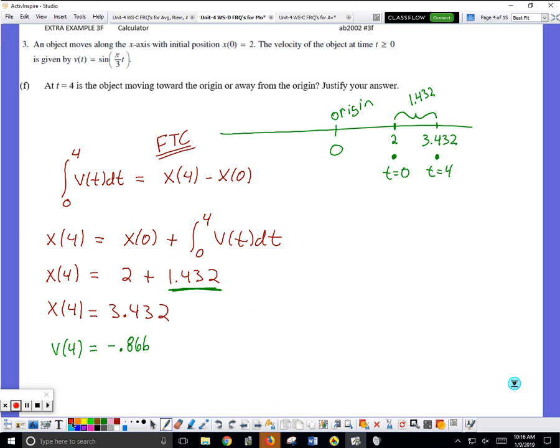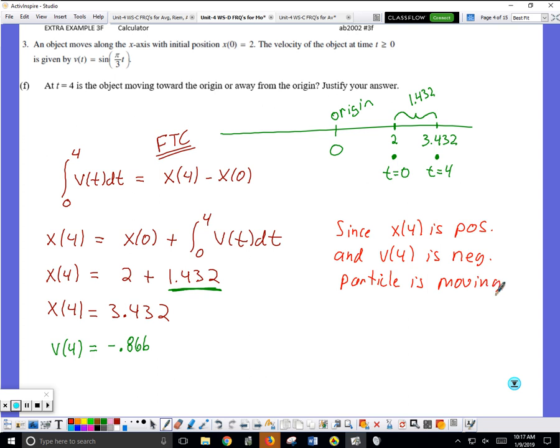Then you need a sentence that says, since position at time 4 is positive, and velocity at time 4 is negative, particle is moving towards the origin.